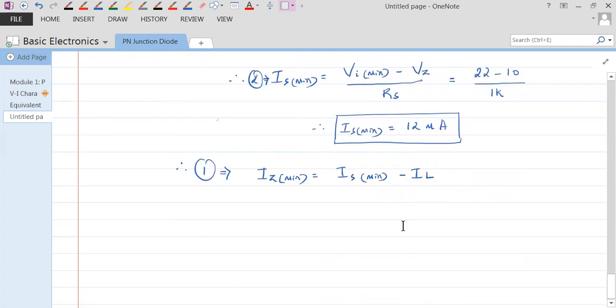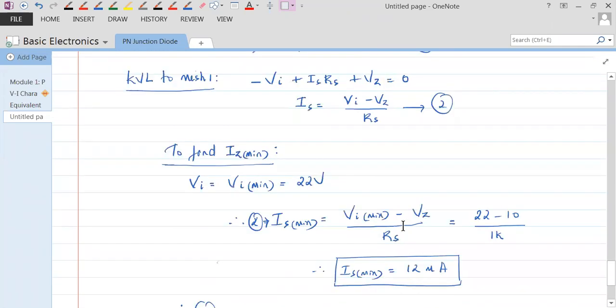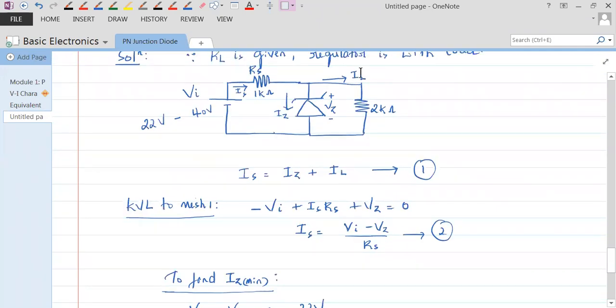That is what is written here. What is IL given by? IL is flowing here. And what is the voltage that is dropping across these 2 kilo ohms? It's the same VZ, 10 volts. The same VZ is dropping across this, and that is given as 10 volts. So we know the voltage, we know the resistor. Can you give me IL?